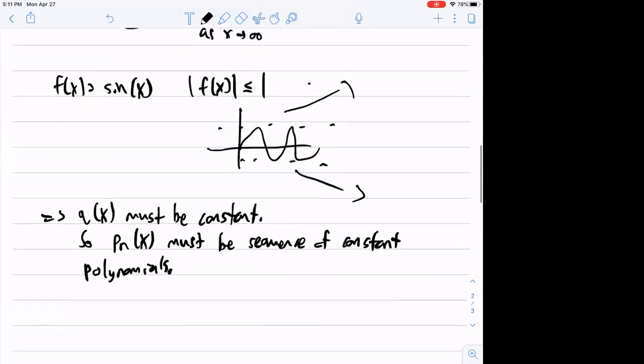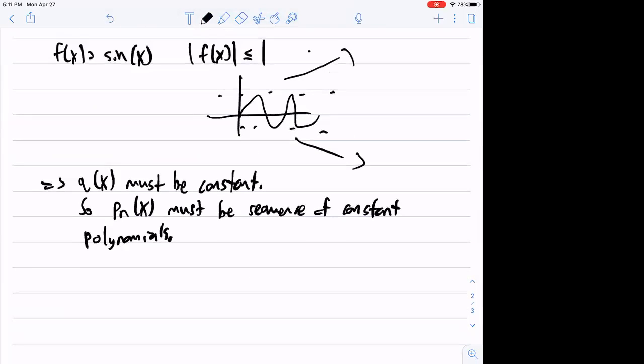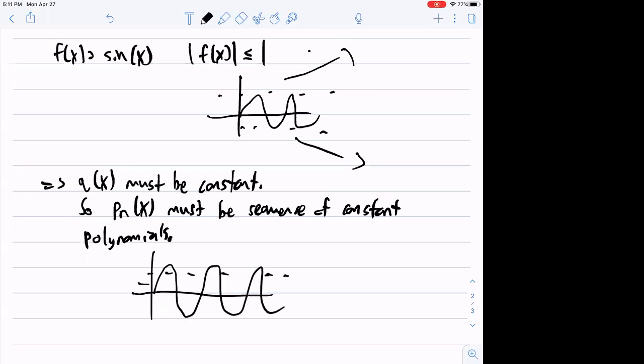So you get that you must be constant. But then it's easy now, because you can't really approximate sine with just constant functions. It's impossible. You could show by contradiction that this can't happen.